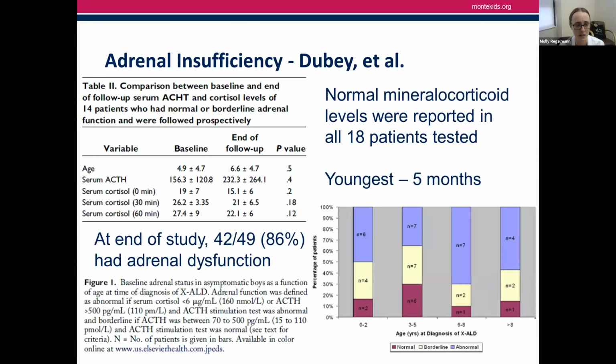And by the end of the study, which again only followed the boys for about 2 years on average, 86% had evidence of adrenal dysfunction. They only tested 18 of the patients within the study, but all had normal mineralocorticoid function. And the youngest in this cohort who had evidence of dysfunction was 5 months of age.